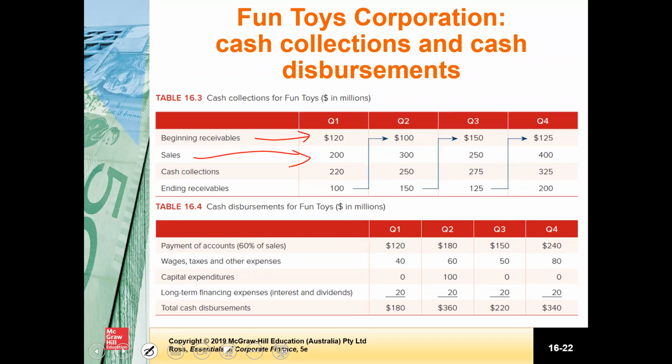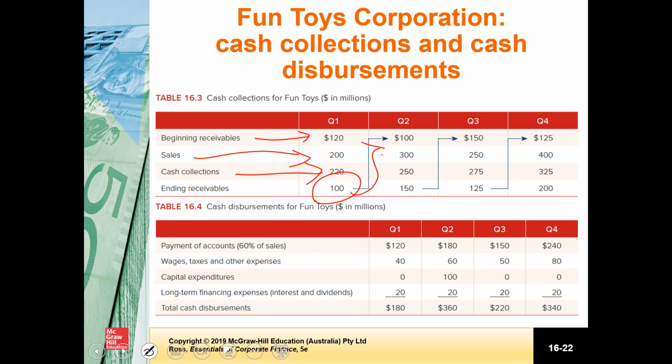Sales is 200, so half of sales is 100. So 100 plus 120, so cash collection is 220. Okay, 220, and ending receivables is beginning receivables plus sales minus cash collection. Okay, so that is ending receivables.